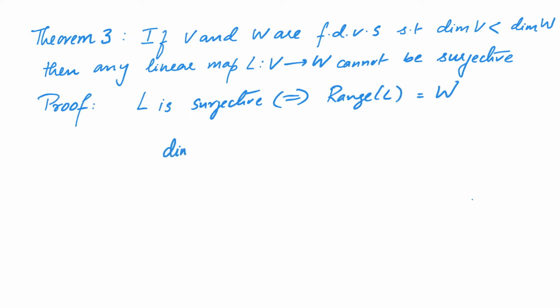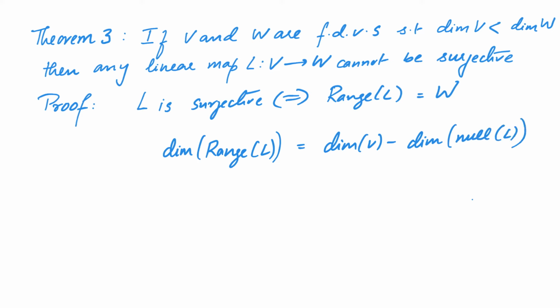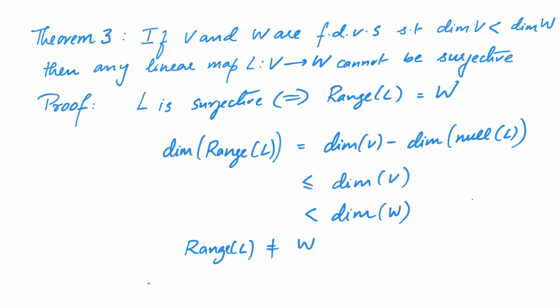But rank nullity theorem implies that dimension of range of L is equal to dimension of V minus dimension of the null space of L. But as dimension of null space of L is greater than or equal to 0, this is less than or equal to dimension of V, which is strictly less than dimension of W. Therefore, we know that dimension of range of L is strictly less than dimension of W, or in other words, range of L is not equal to W, which implies that L is not surjective. And thus we have completed the proof of our theorem.